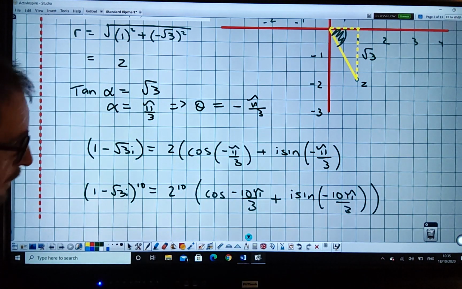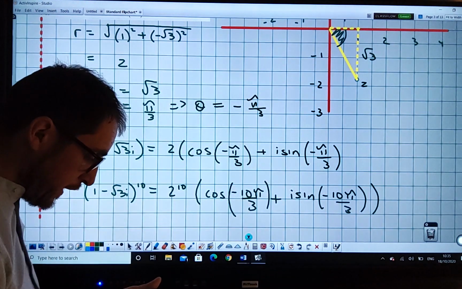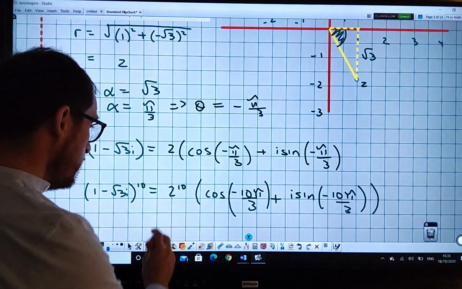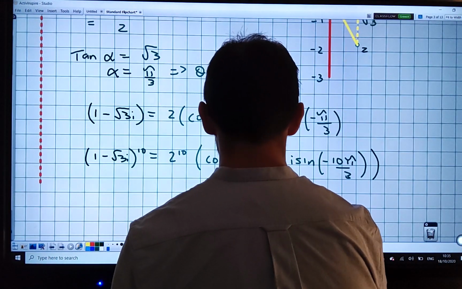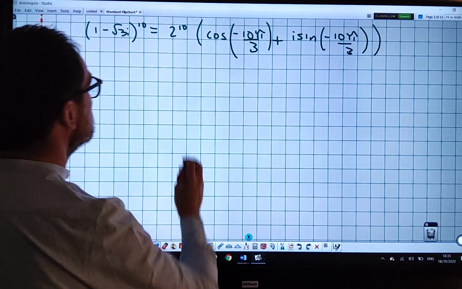Now, with this assignment, don't forget to change it back to radian mode, just from the last question. So it's shift, setup, and then you do radian. Okay. So we leave 2 to the power of 10. Let's extend the board a bit.